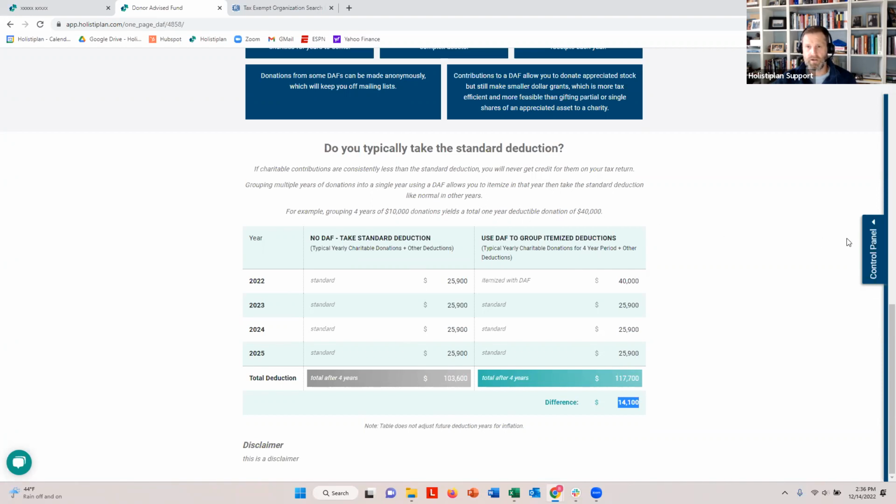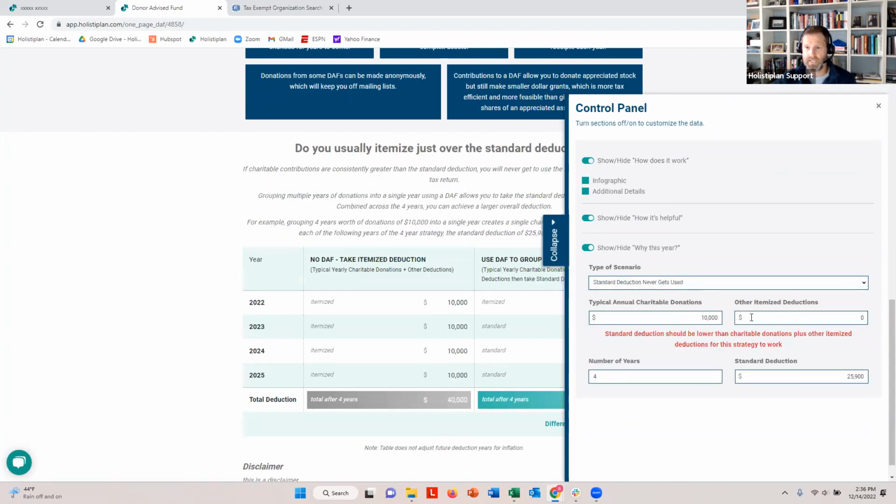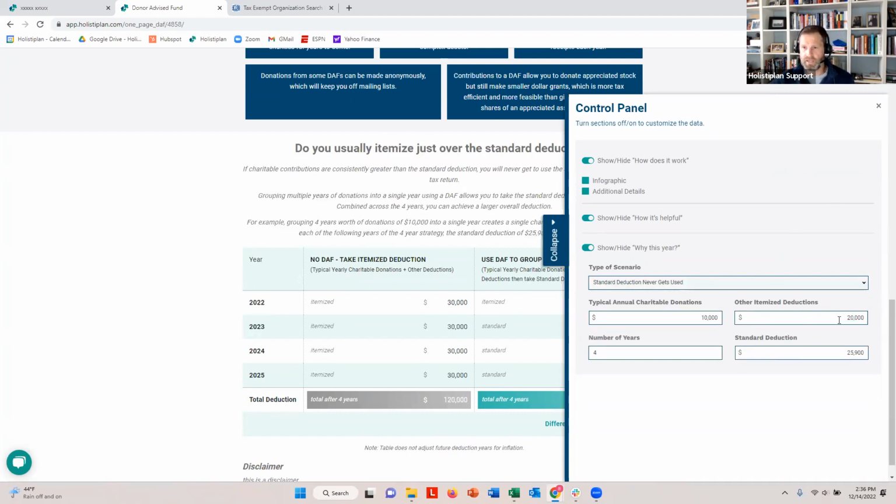The other scenario that we see folks sometimes do is in those situations where you're never using the standard deduction. So maybe in this case, your other itemized deductions were $20,000, right? So we do a $20,000 other itemized deduction. You're typically giving $10,000. We'll still use this 4-year time frame. Standard deduction still $25,900.